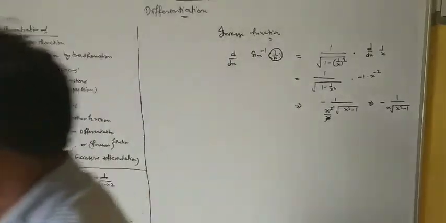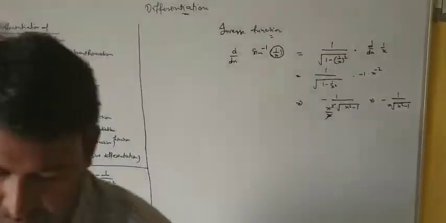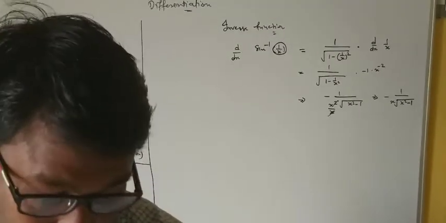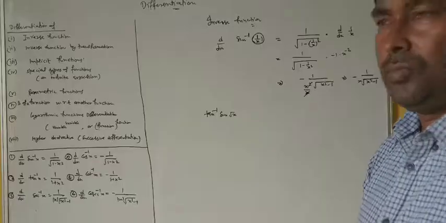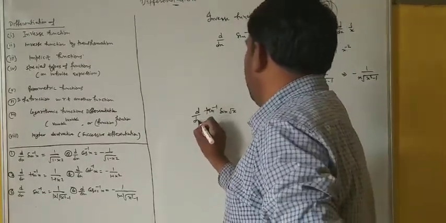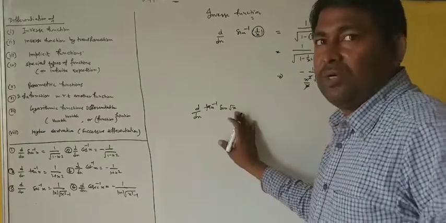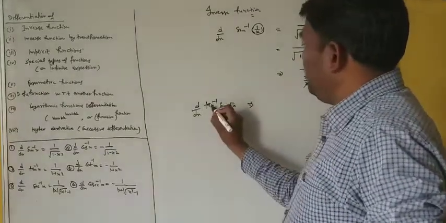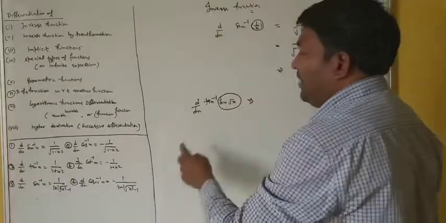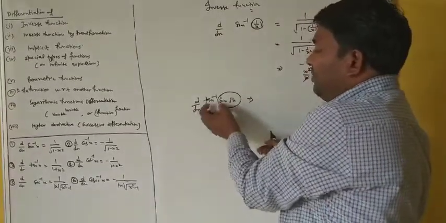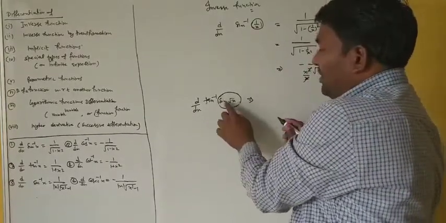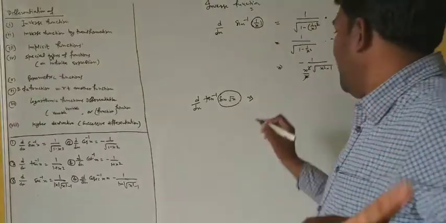Some other examples I am taking from differentiation of inverse function. Now some more examples, like if you have to find d by dx of tan inverse sin under root x, then first of all, whatever is inside tan inverse, let it be x. Applying the formula, differentiation of tan inverse x is 1 upon 1 plus x square. At the place of x you have assumed sin under root x is behaving as x.